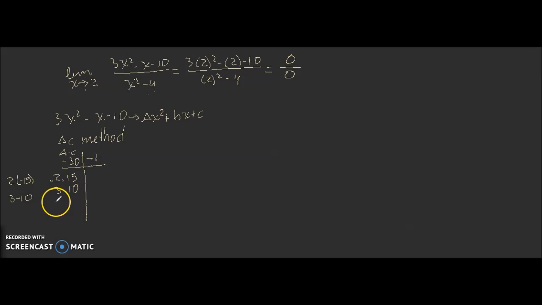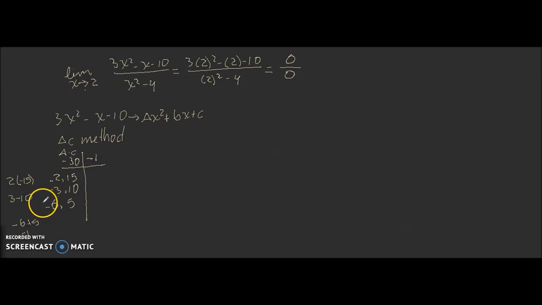Now, let's try negative 6 and 5. When you add these two together, negative 6 plus 5, you get minus 1. And this is exactly what we want.